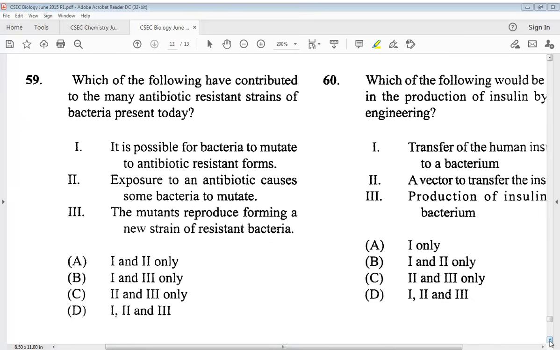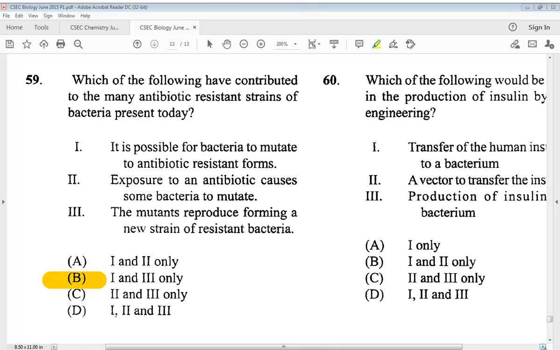It is possible for bacteria to mutate to antibiotic-resistant forms. 2. Exposure to an antibiotic causes some bacteria to mutate. 3. The mutants reproduce, forming a new strain of resistant bacteria. So the answer for 59 is B, 1 and 3 only.